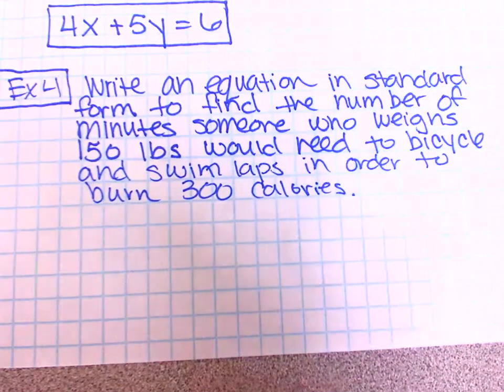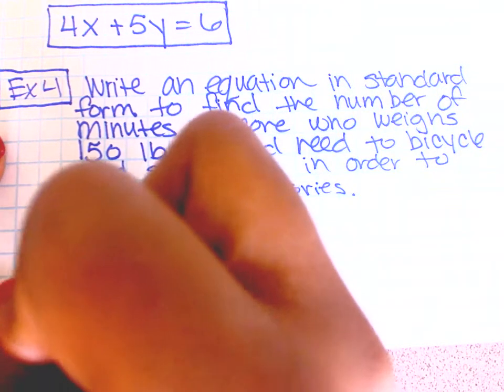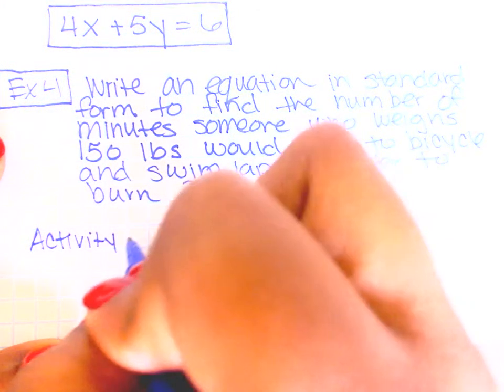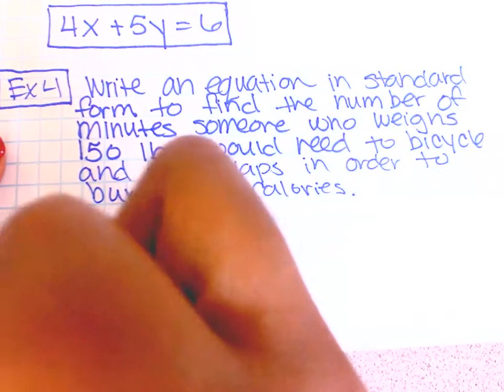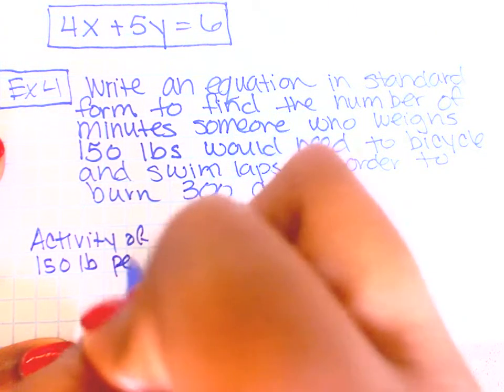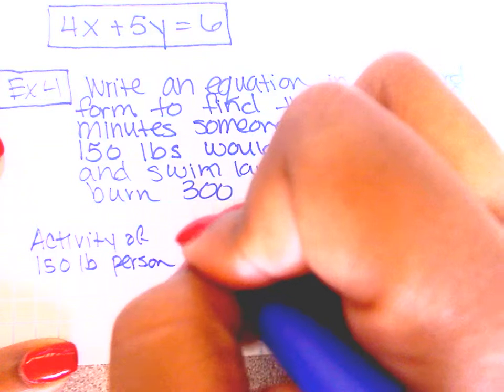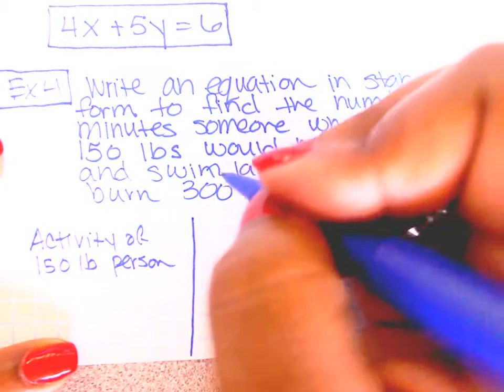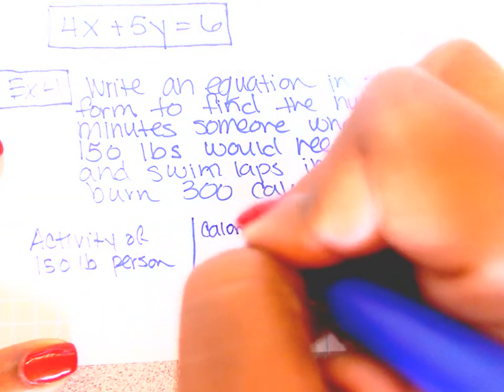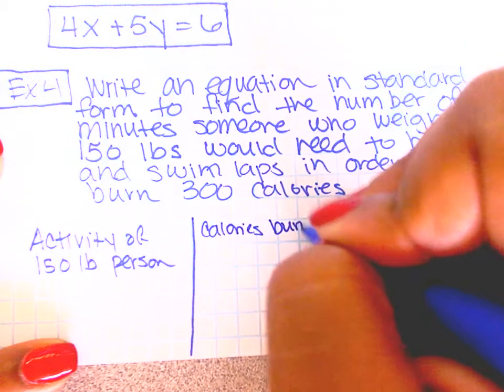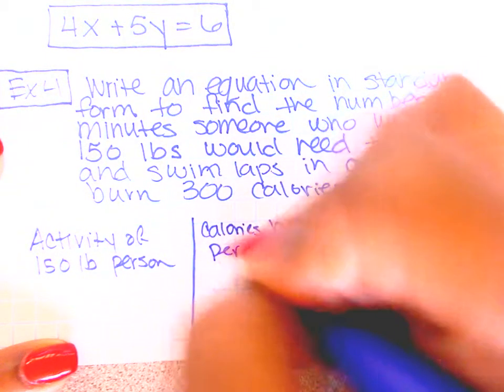They give you a little graph. They give you the activity of a 150-pound person. And they give you the calories burned per minute.